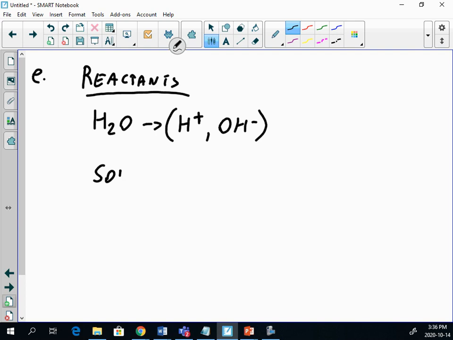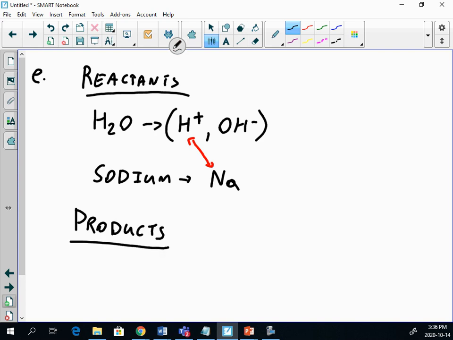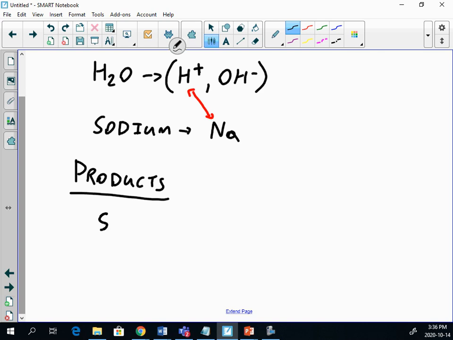And then sodium, which is of course just Na. So my replacement reaction is going to be replacing the positive ion in water, the H+, with the sodium. So the products that I get out of this are going to be sodium hydroxide and then the hydrogen gas that I always get out of these kinds of things.